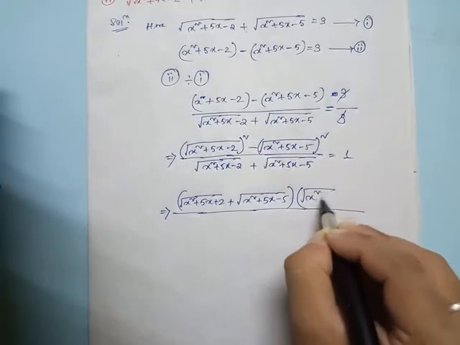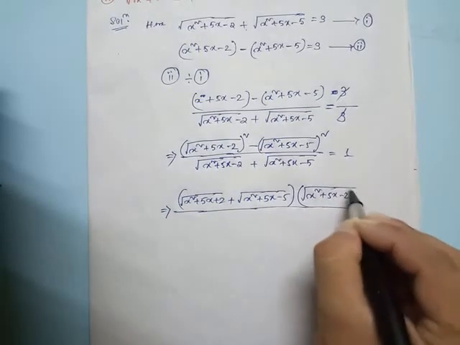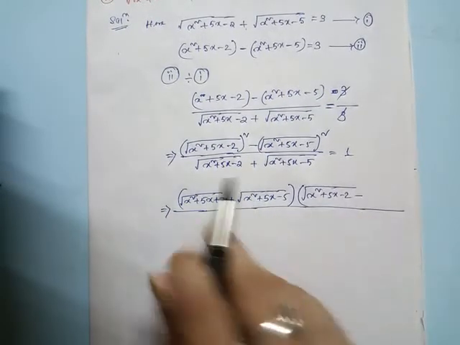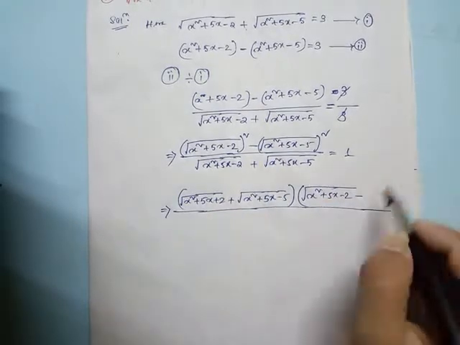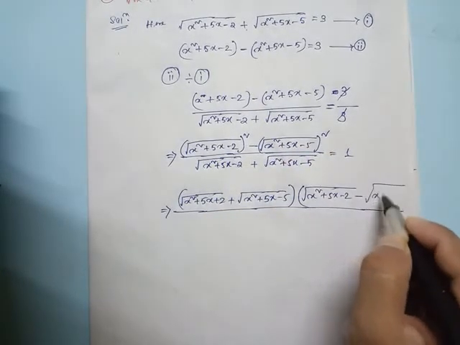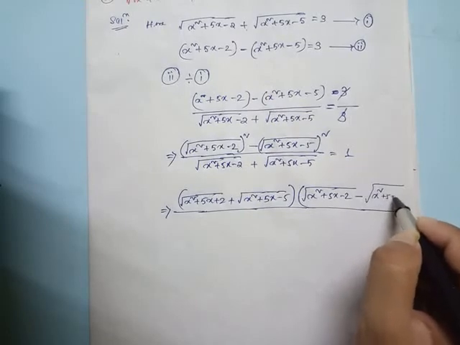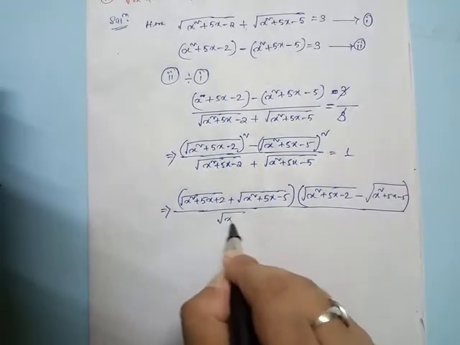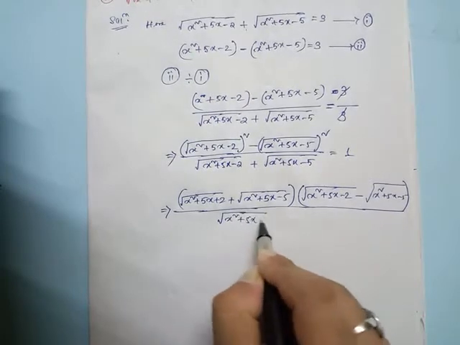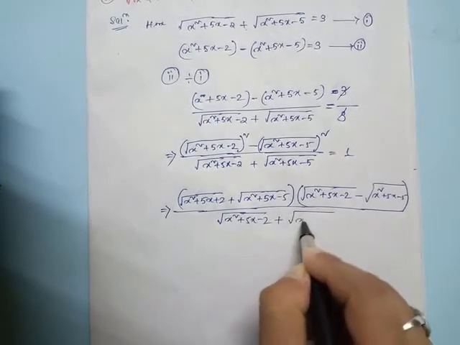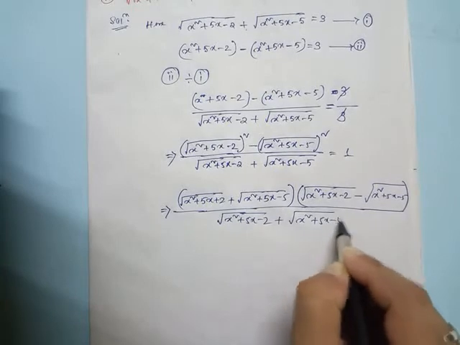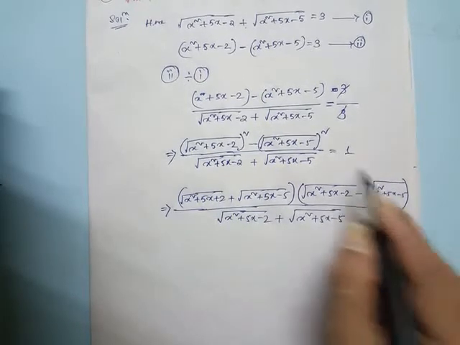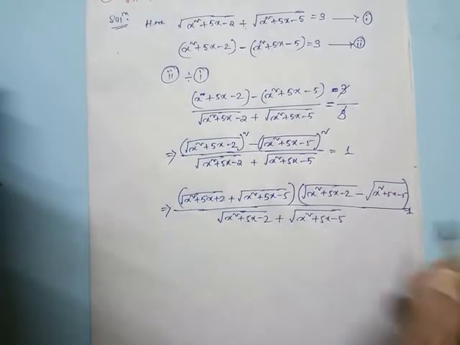A minus b means x square plus 5x minus 2 minus, and b is this equation, x square plus 5x minus 5, and this will remain the same, x square plus 5x minus 2 plus x square plus 5x minus 5, and this equal to 1.